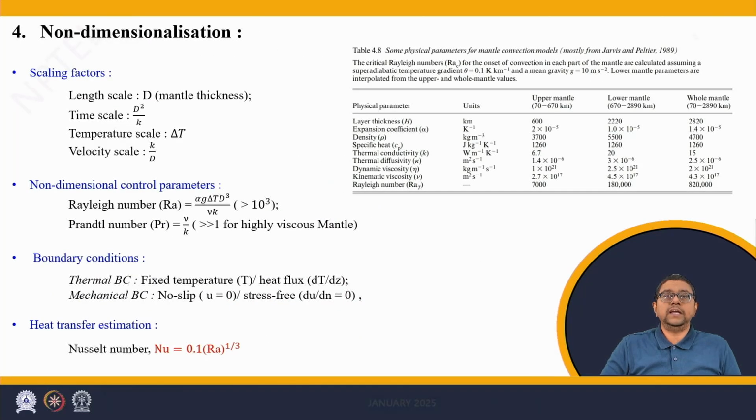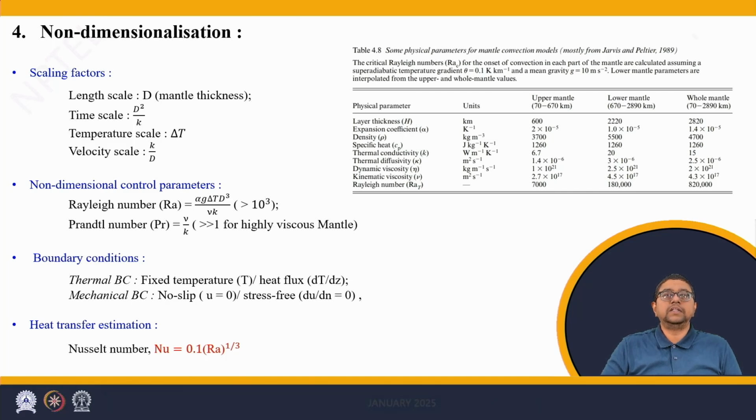Now, modeling and solving these convective equations for the mantle requires non-dimensionalization. The non-dimensional process makes the equations a form which is more relevant for understanding the physical mechanisms and parameter regime dependence of the solutions. This non-dimensionalization process involves various scaling factors with which the quantities are scaled.